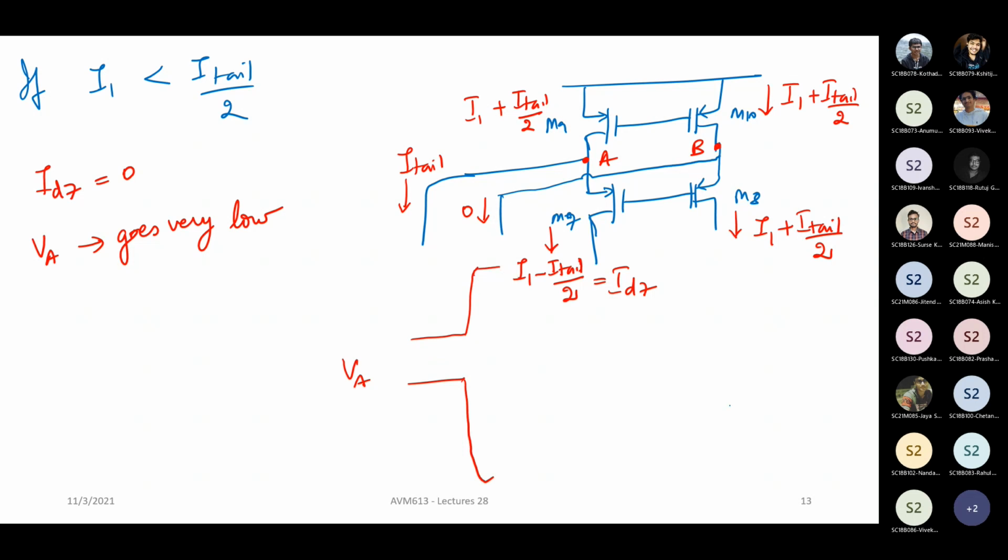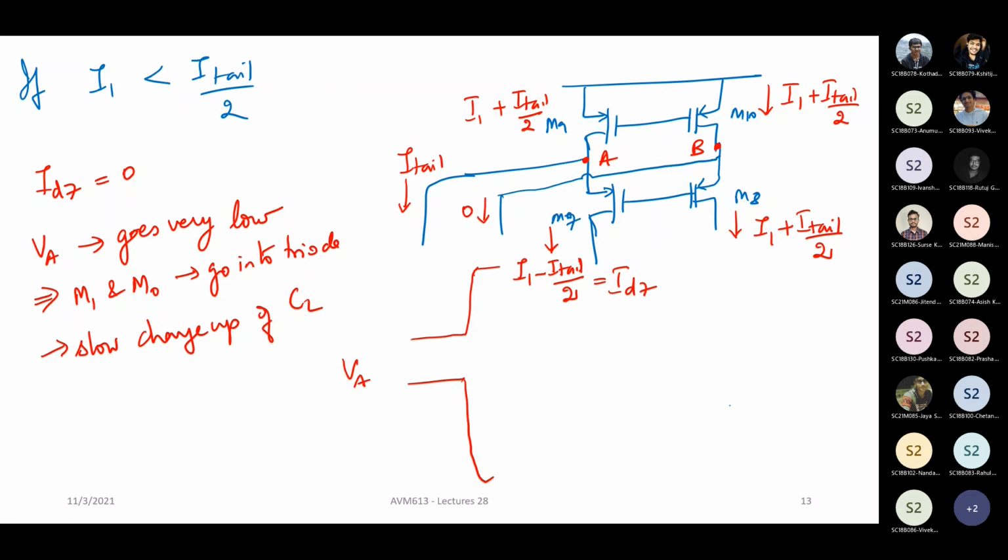Now what happens because you have VA going very low is that you're totally starved here, and this also means that M1 and M0 go into triode, correct? Because if this node goes very low, it is going to affect M1 and the tail transistor, and therefore it's going to have a slow charge up of CL.